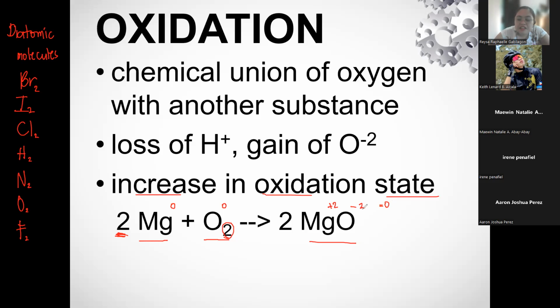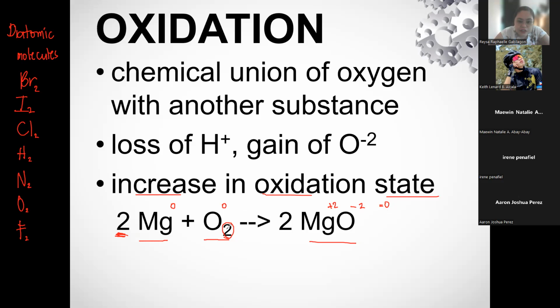If pag-add natin, class, hindi siya equal to 0, it means mali yung inyong chemical formula for that compound. So you can always check that. So ito na ngayon yung charge ng elements if they are combined together.